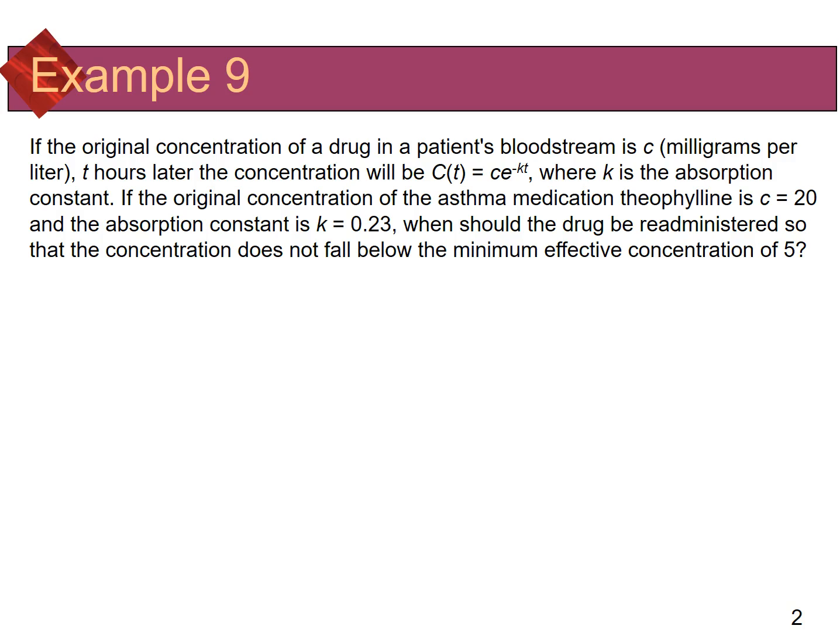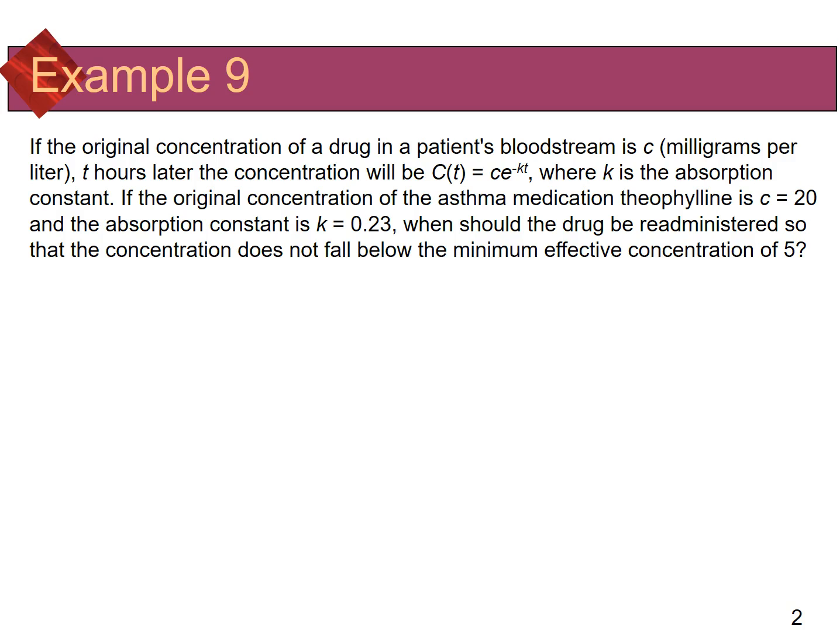So example 9, if the original concentration of a drug in a patient's bloodstream is C, which is milligrams per liter, t hours later the concentration will be C of t equals lowercase c e to the negative kt, where k is the absorption constant.